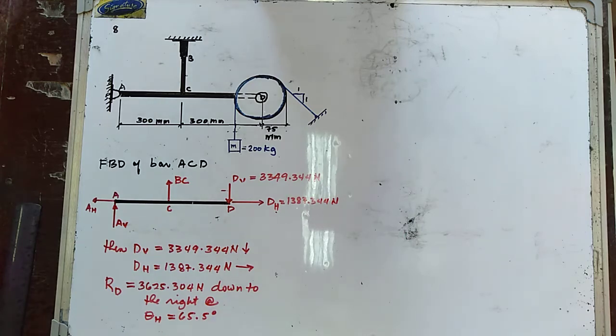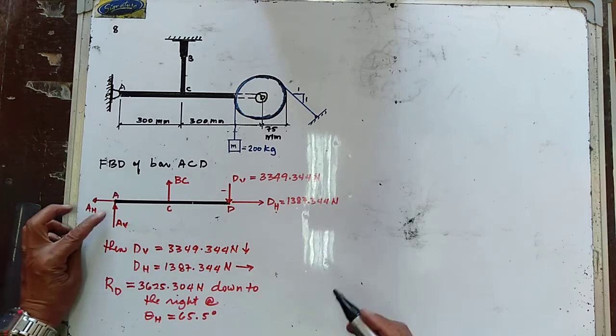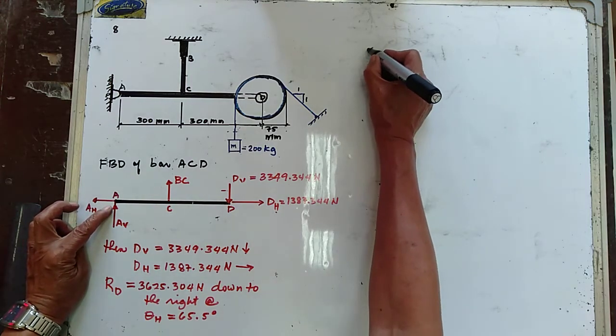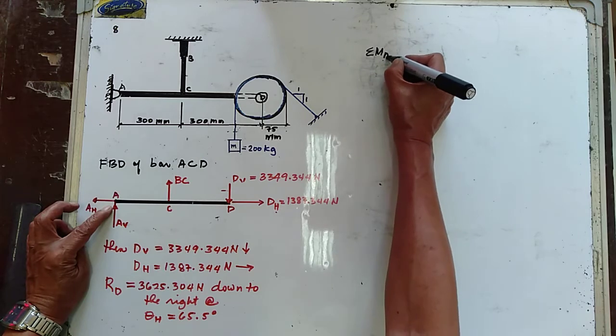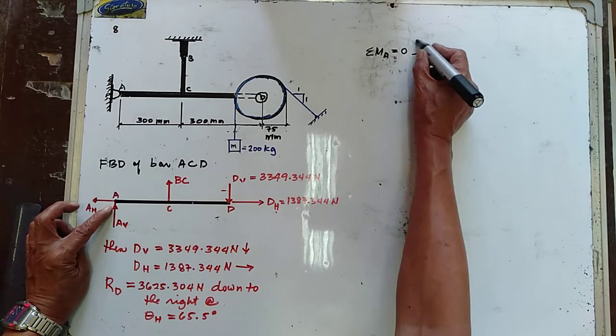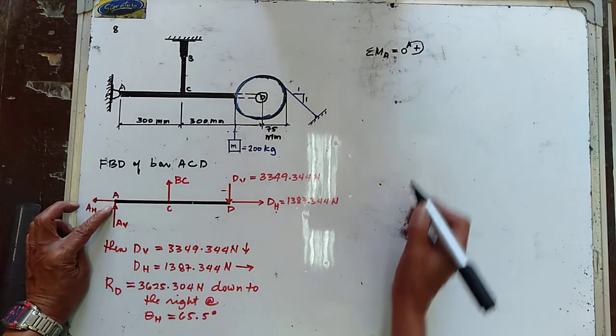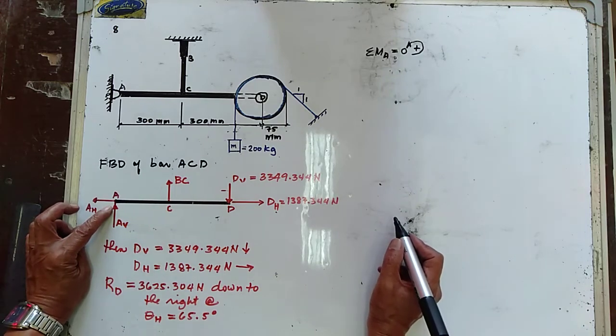Now, let us try to take summation of moment about point A. Summation of moment about A is equal to 0. Let us consider counterclockwise moment positive.